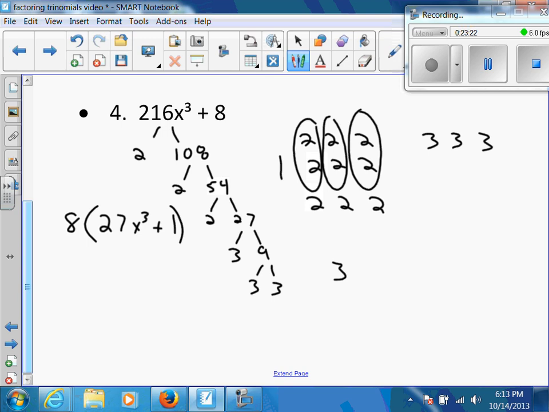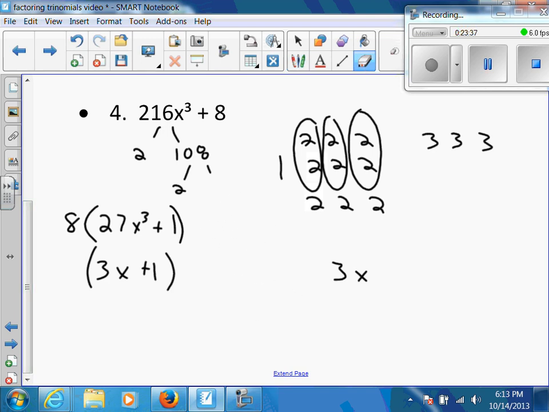Keep the sign the same. Now we're going to take and square 3x, so we get 9x squared. Multiply the two together, we get 3x. And square 1, and we get 1. Now, I was supposed to switch the sign on the second one. So we need to switch the sign. So that should be subtract 3x.